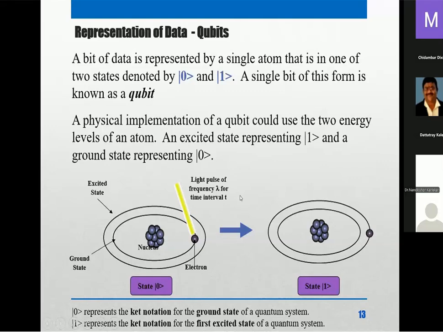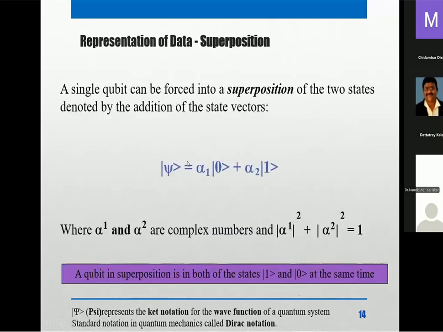You can see this in the next slide. Please remember the ground state and the excited state. When an atom is moving in a sphere, it can be in the ground state or it can immediately move to the excited state. A single qubit can be forced into a superposition of the two states, denoted by the addition of the state vectors.